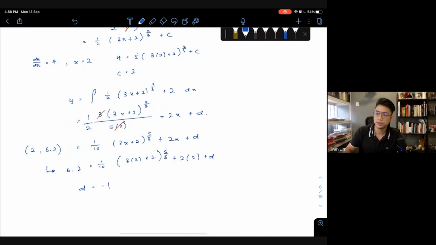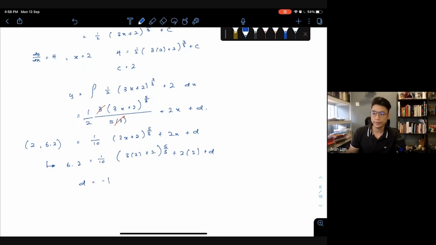Type this in the calculator. d would be equal to -1. Final answer, y is 1 over 10, 3x plus 2, 5 over 3 plus 2x minus 1. Okay, 6 marks question.